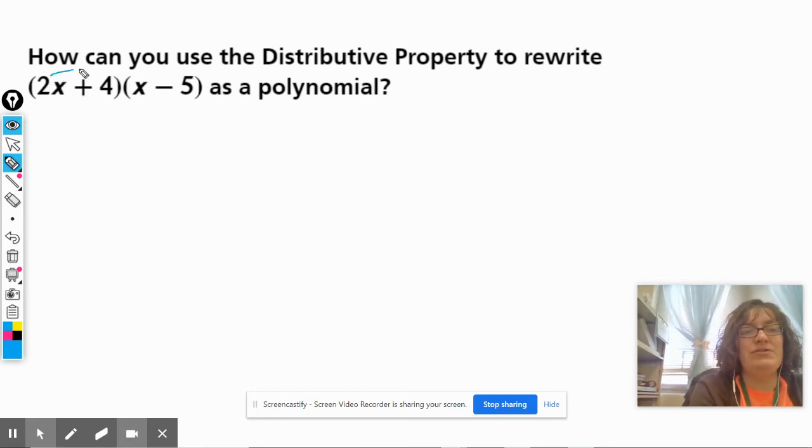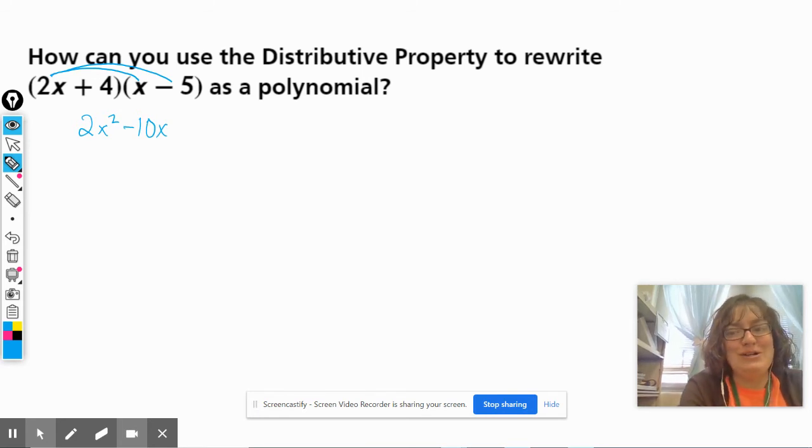So FOIL says first times first. So 2x times x would be 2x squared. O stands for outer, so that's 2x times negative 5. That would be negative 10x. There's a lot to keep track of here. Watch those signs. I stands for inner, so 4 times x would be 4x.